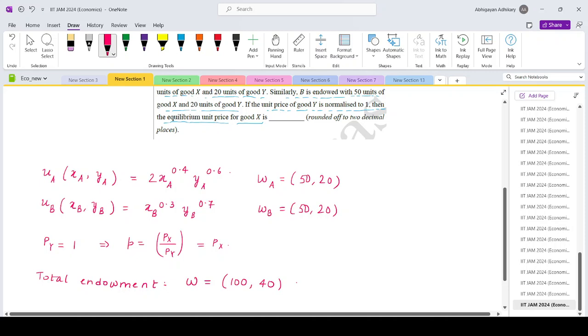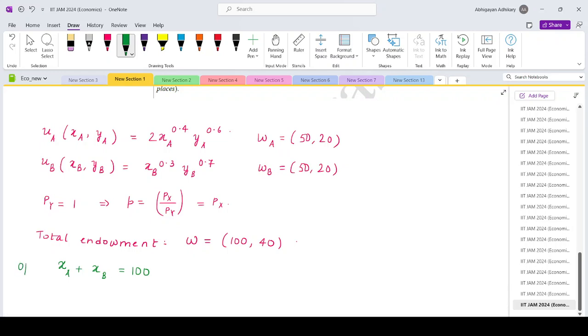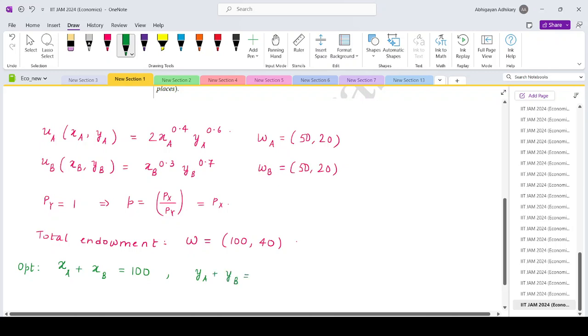Now no matter in whatever split the two goods are consumed between the two individuals at equilibrium, the total amount of X that is consumed, XA plus XB, cannot exceed 100, so that will be 100. That will be true at optimal. And the total amount of Y, YA plus YB, will always be 40.